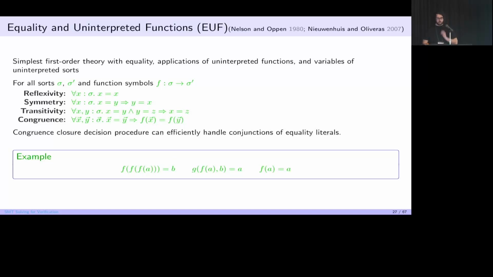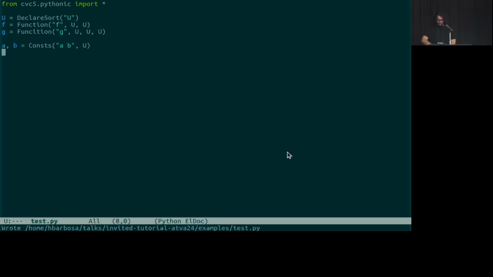And what I'm interested in is, are there values for, first, this sort u that is any sort, any type, any set of values, that I can assign to it such that a and b are of this sort, and then f is a unary function of this sort, g is a binary function of this sort, such that these equalities all hold, okay? This is the sort of problem that we're interested in solving when we want to reason on this theory.